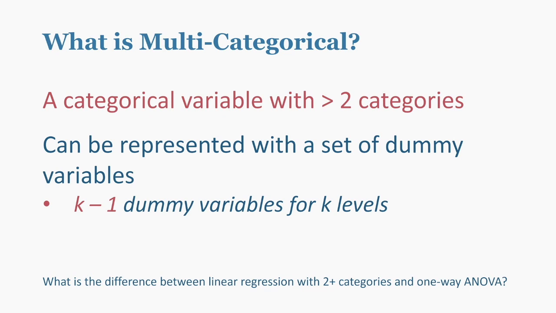Another difference is that ANOVA shows our output in terms of the means of each group, while regression is going to show the mean difference of each group from the reference group, which again is your intercept. But both are going to give you the same F statistic and p-value, so they're both going to lead to the same conclusions.